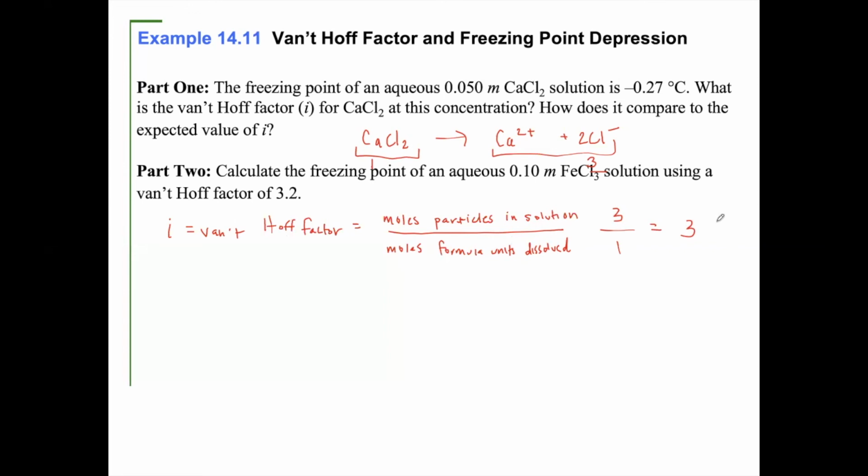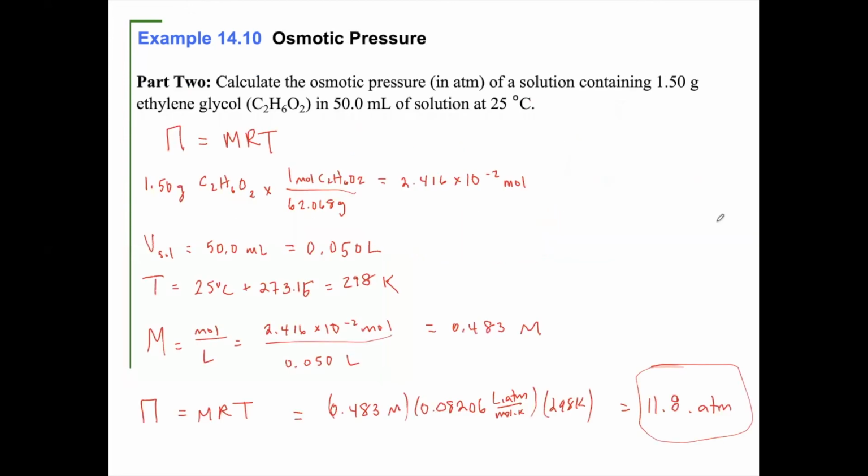When you're dealing with freezing point depression or boiling point elevation of an ionic substance that's dissolved in water, or any substance that separates into constituent ions when it's dissolved, this is something you have to take into consideration. Let's just go back for a sec.